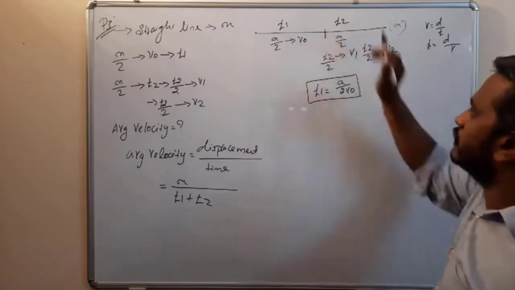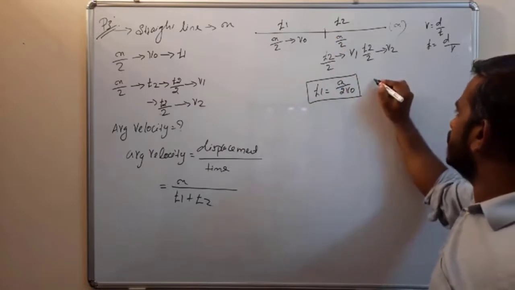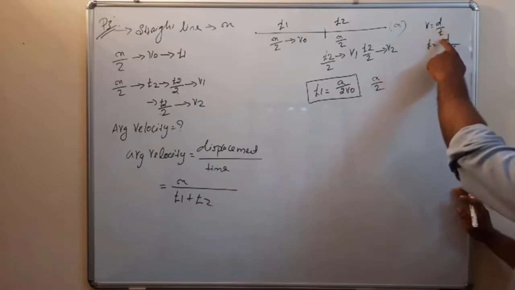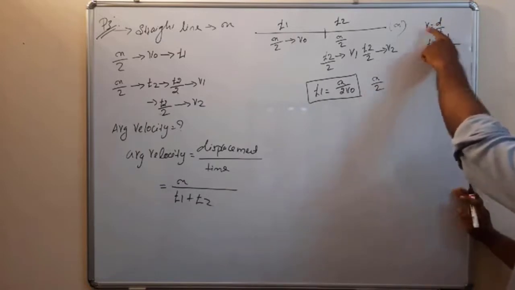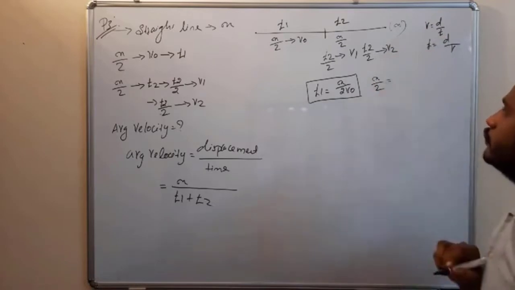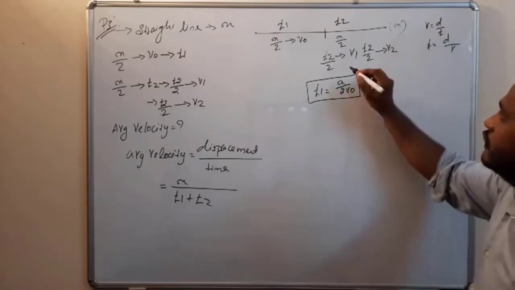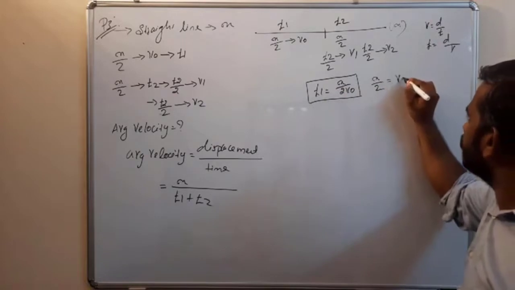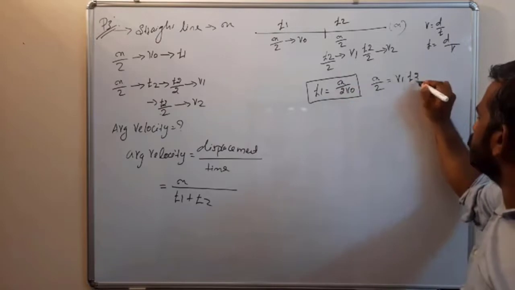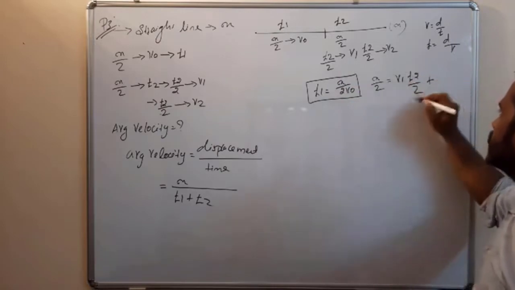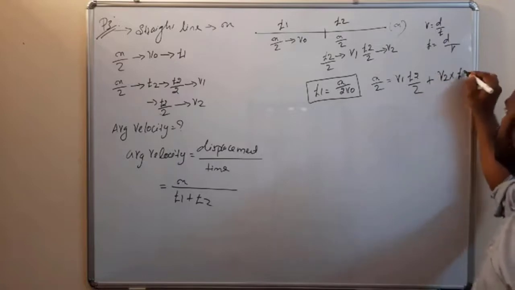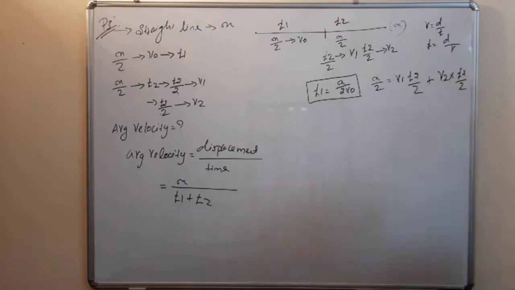So in this part, the distance x by 2: velocity is equal to displacement by time, so displacement is equal to velocity into time. So x by 2 is equal to velocity v1 into time t2 by 2, plus the next velocity v2 into t2 by 2.